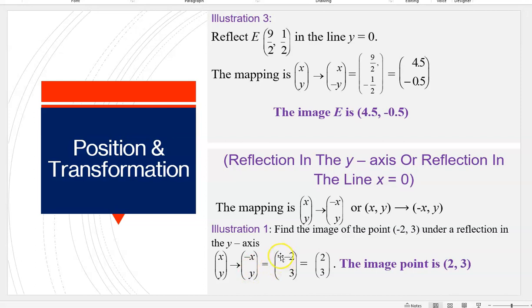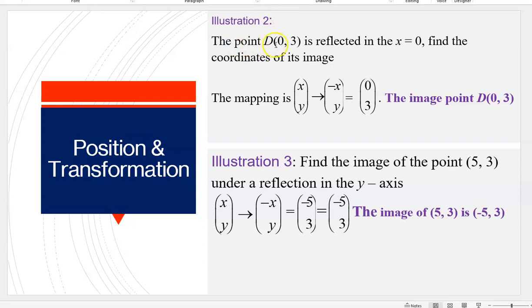Therefore, we are going to get negative, negative 2, positive 3. Negative, negative because in the question, x was negative, and in the mapping, x is also negative. Negative, negative 2 gives us positive 2, positive 3. Therefore, the image point is 2, 3.